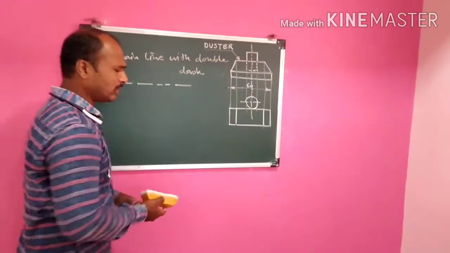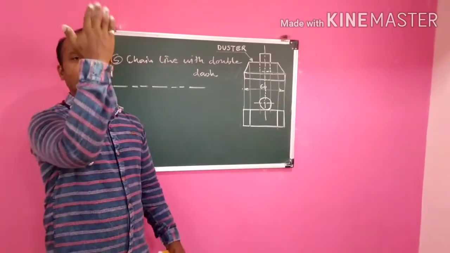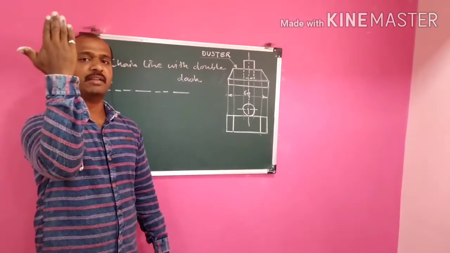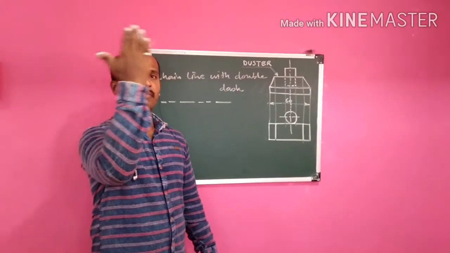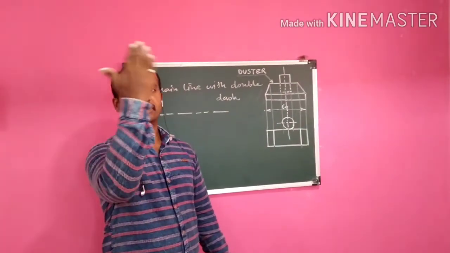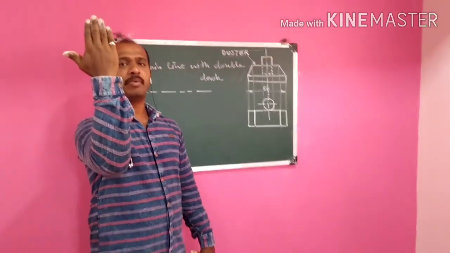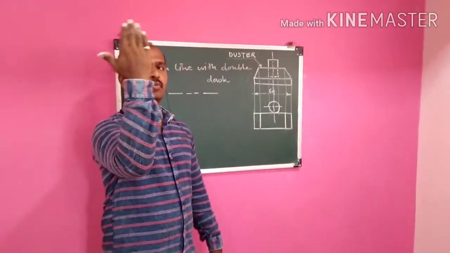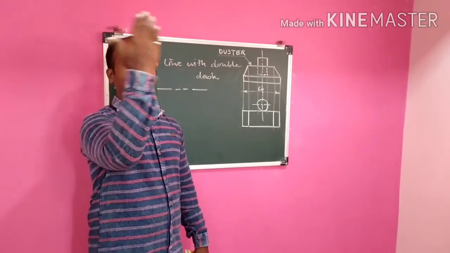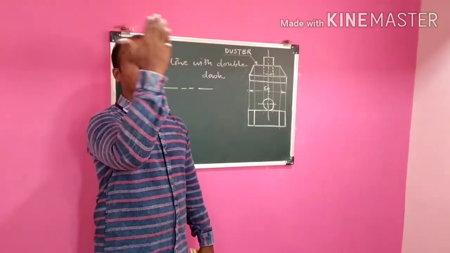See, a very simple example. Suppose this is a lever. My hand is a lever, and this hand is moving like this, from here to here, continuously. Suppose this is a rectangular plate, and this rectangular plate is moving from this point to this point, and I want to show these extreme positions in the drawing.